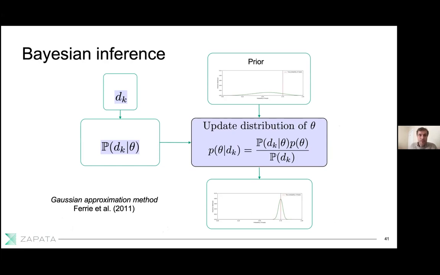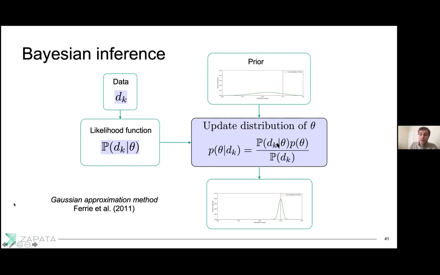And upon receiving some data, we then use the likelihood function to update our prior beliefs. And this is done via Bayesian inference. So this is the Bayes rule.